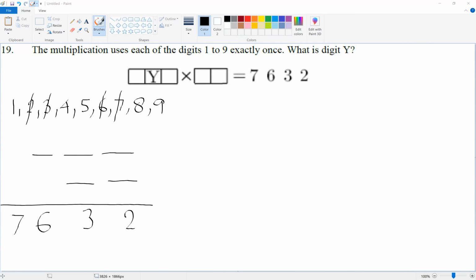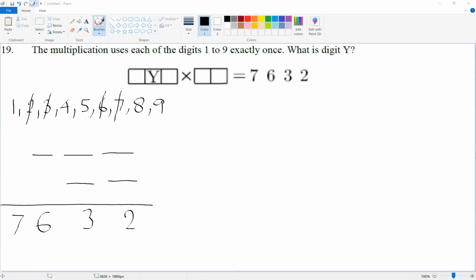Then we have 4, 8, 1, and 9 left. We can put 8 and 4 at the end digits, because if we multiply 4 and 8, we get 32, and so we can put it there.